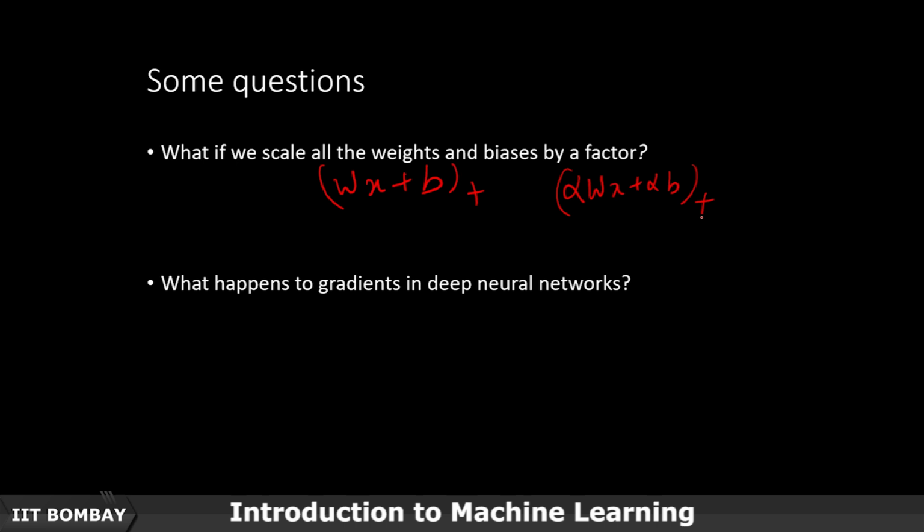Because the sign does not change, whatever gets mapped to 0 versus whatever gets mapped to identity of ReLU does not change. So I have this ambiguity that these weights and biases are not unique to get the same function done. So that's point number one.